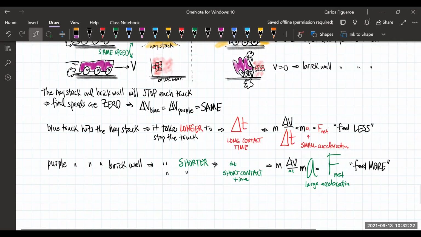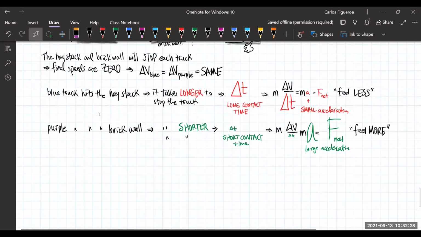A lot of times people make mistakes here and don't draw the whole picture, so I want to do a flow chart of thinking. The flow chart starts off with the contact time.